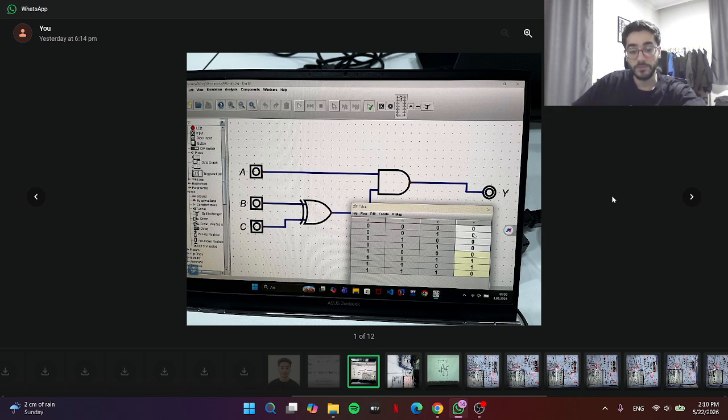After completing the simulation, we implemented the same design.